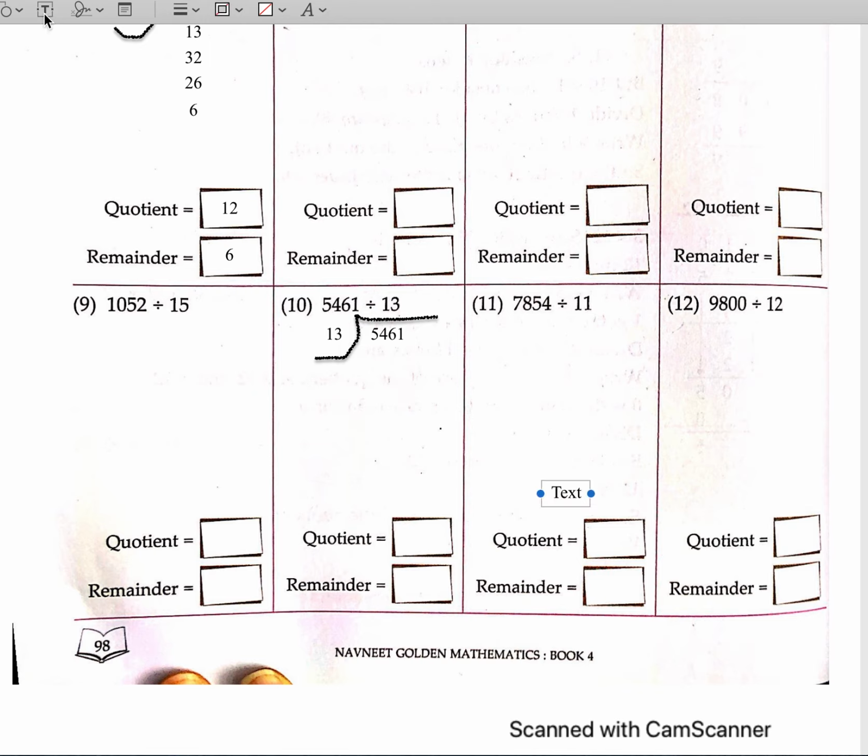So now we will take 5461 as 54 hundreds. So when we take it as 54 hundreds, we need to see where 13 comes in 54. So 13 into 3 is equal to 39, but 13 into 4 is equal to 52, which is a perfect number for 54. So 52, and then we'll write 4 up.